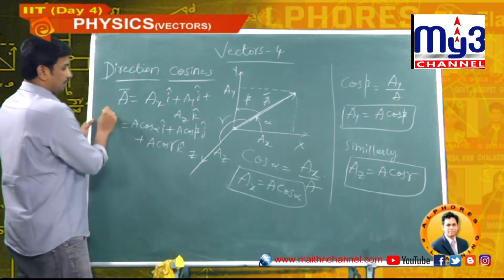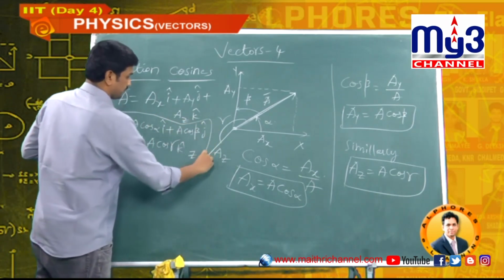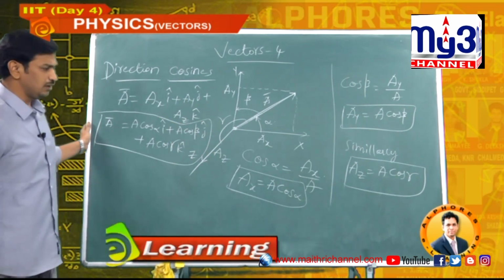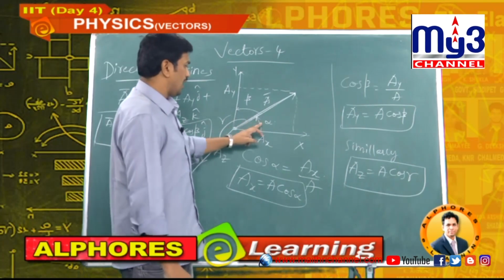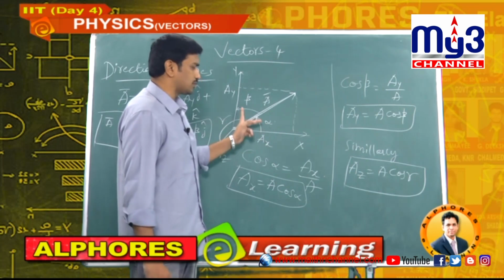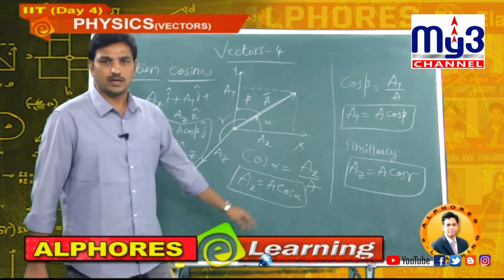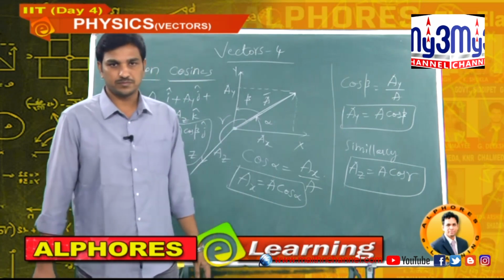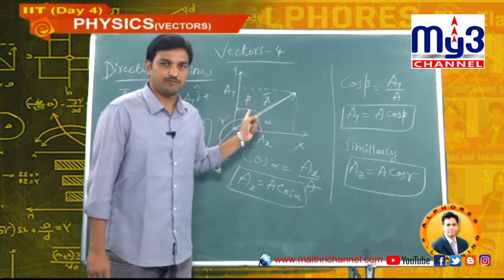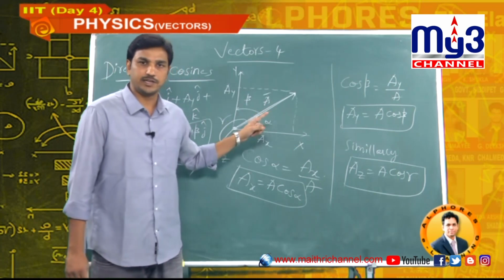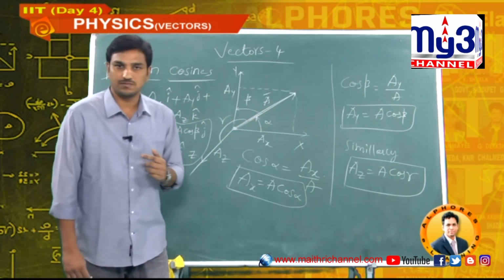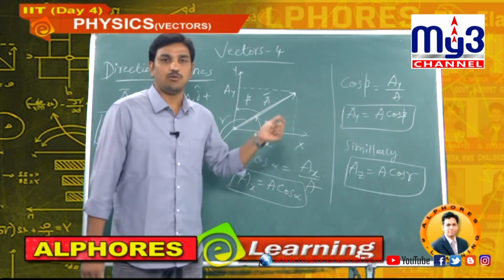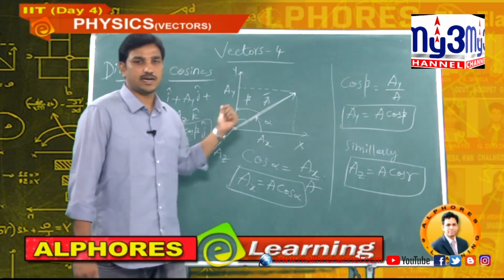This is a bar. Now here, cos alpha, cos beta, cos gamma. Cos alpha gives the direction of the vector with the x axis. Cos beta gives information about how the vector makes an angle with the y axis. Cos gamma shows how our vector makes an angle with the z axis.